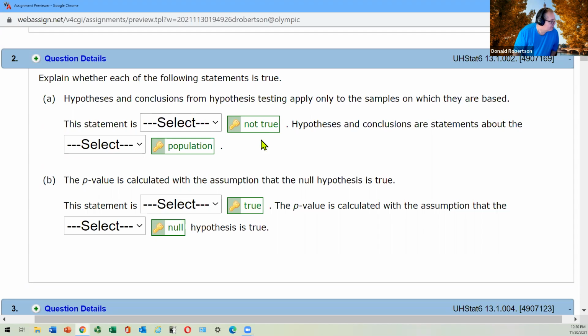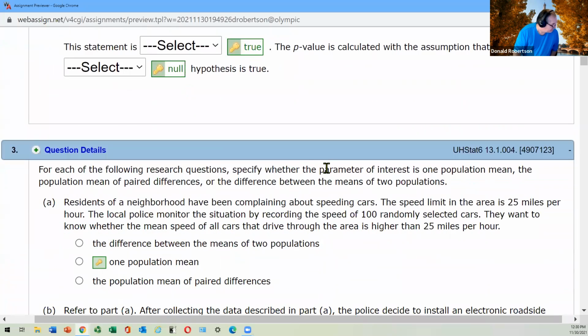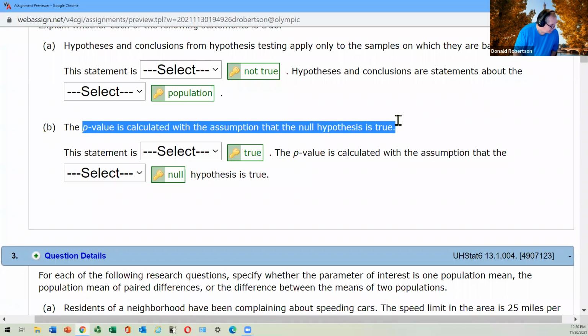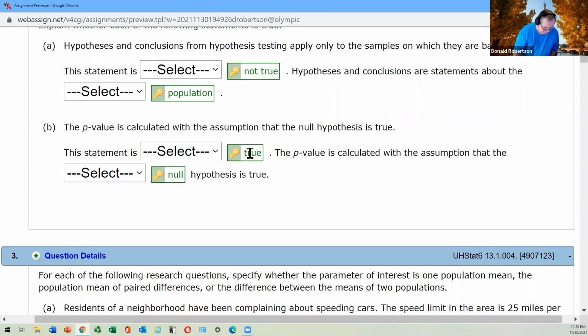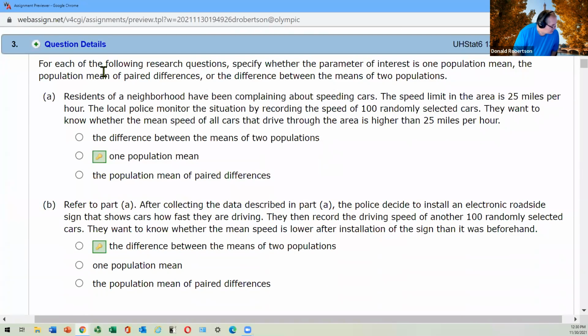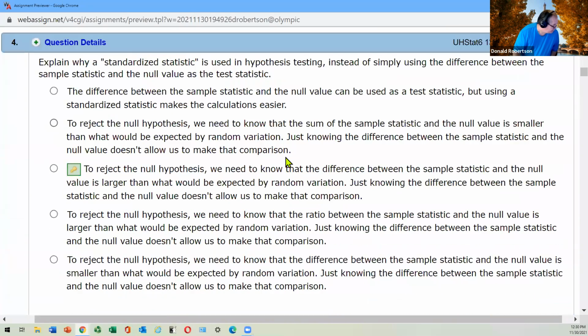So that's why that's not true. It's the population that we're interested in. The p-value is calculated with the assumption that the null hypothesis is true. Yes, it is. We'll just let you figure that one out.